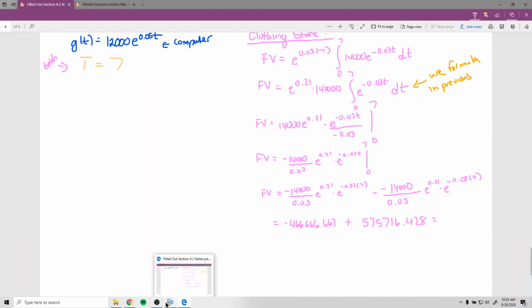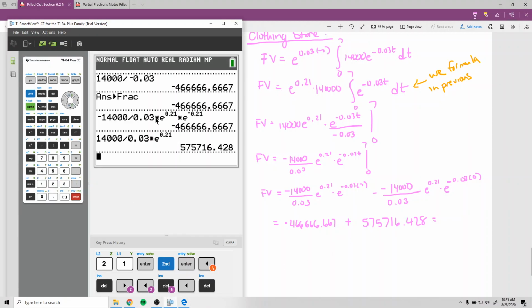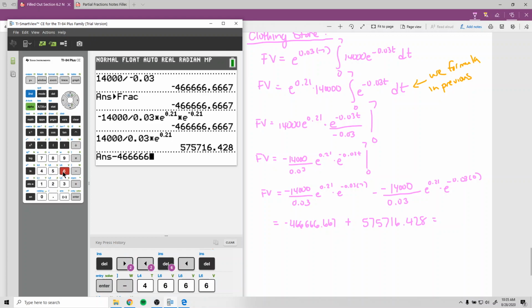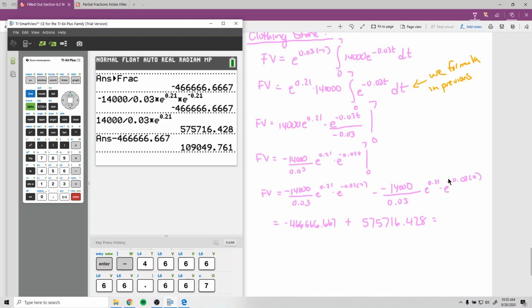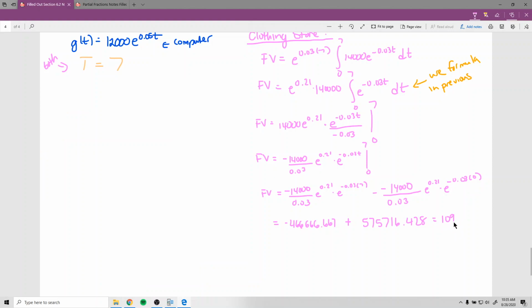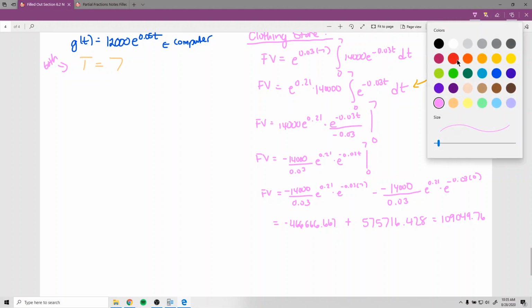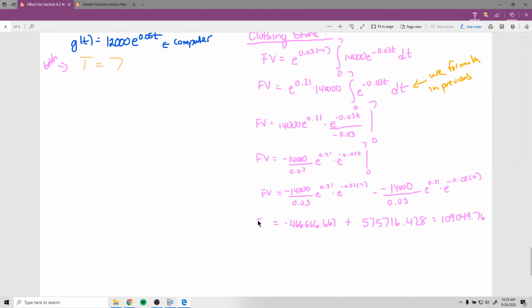And then if we do our last remaining arithmetic step, take this number here and subtract off what we got above. We get $109,049.76. So this is going to be the future value of the clothing store in 7 years, the investment into the clothing store.